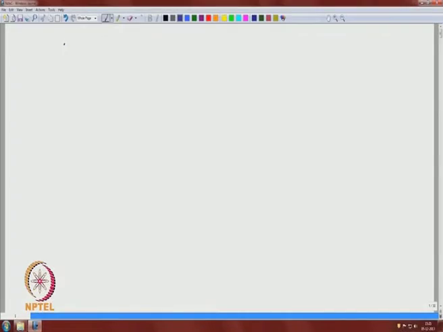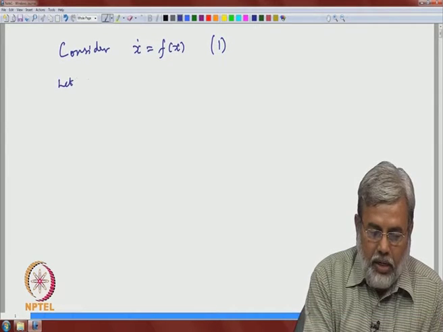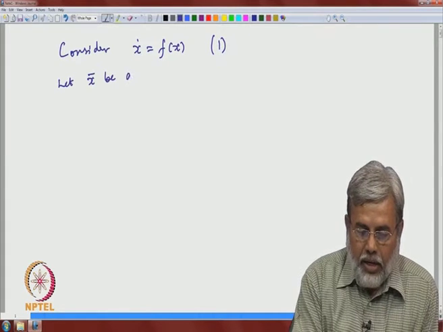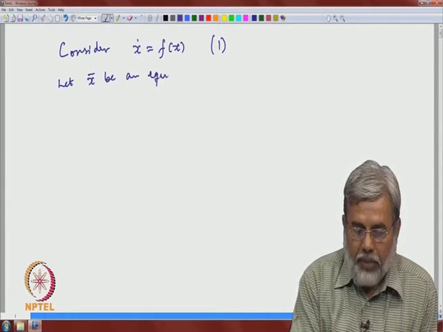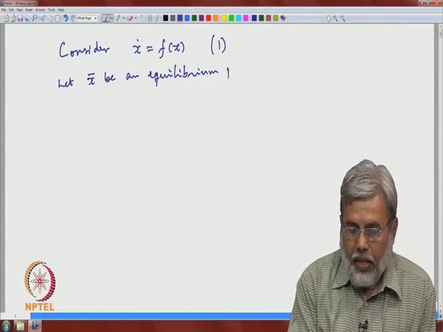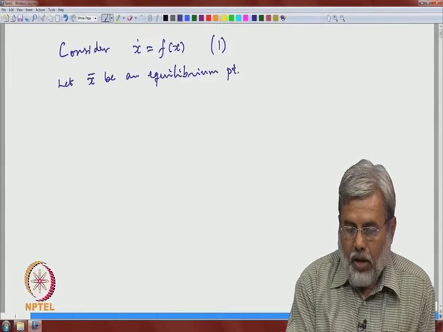Consider this, which I always refer to as system 1. So, let x bar be an equilibrium point of 1.